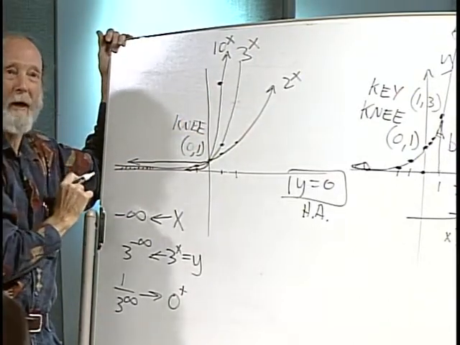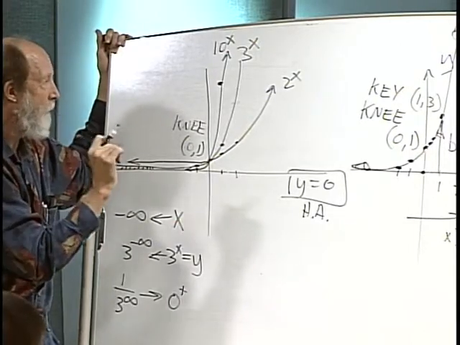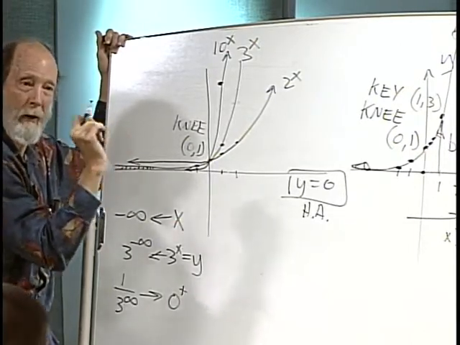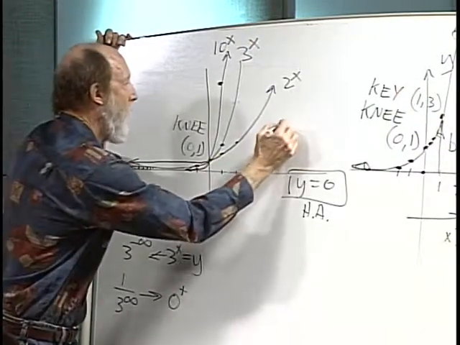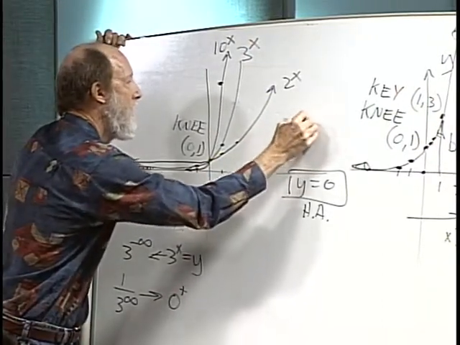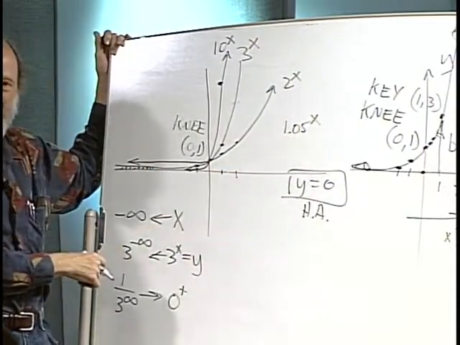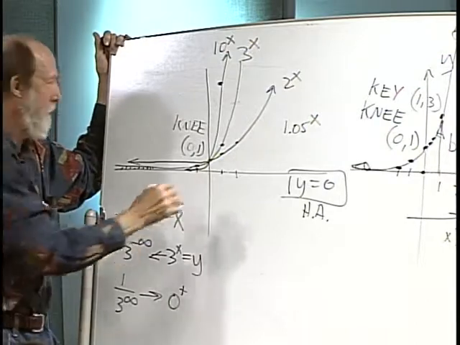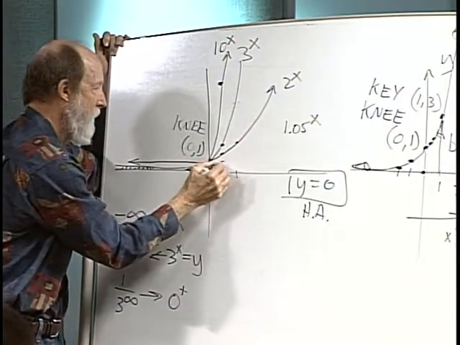I've got 2 more to lay on here, and then it's going to be too jumbled for us to use it anymore. Let's say its base is 1.05. Where's that graph sit? Almost flat. Almost flat, thank you. So at 1, it's going to be 1.05.